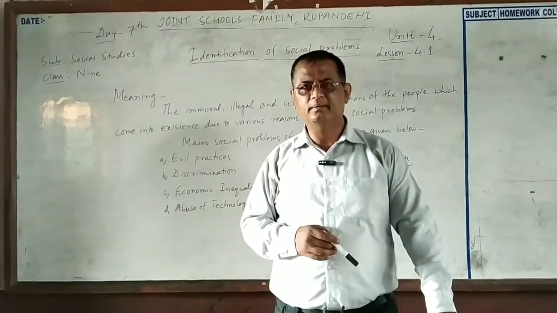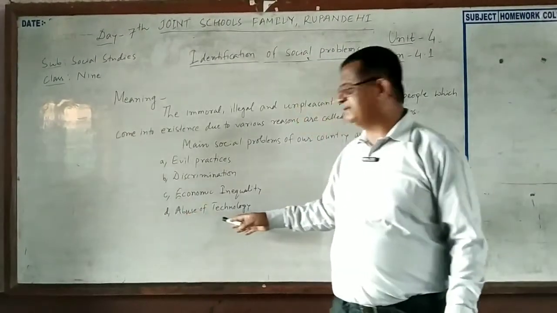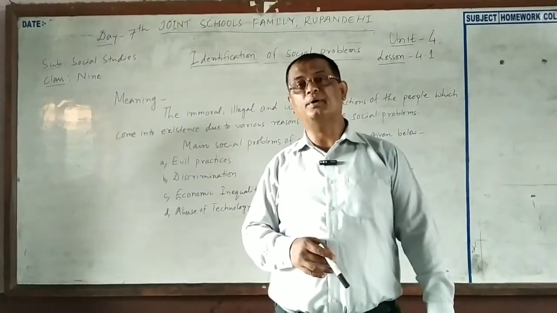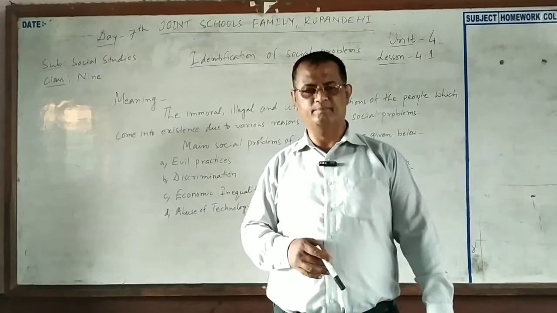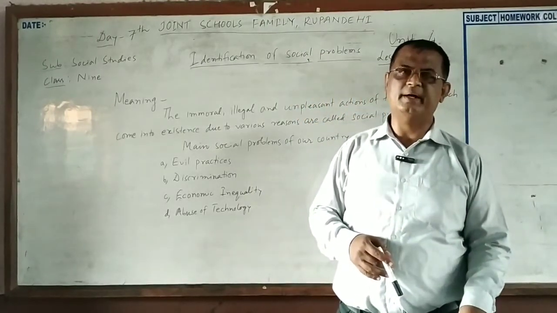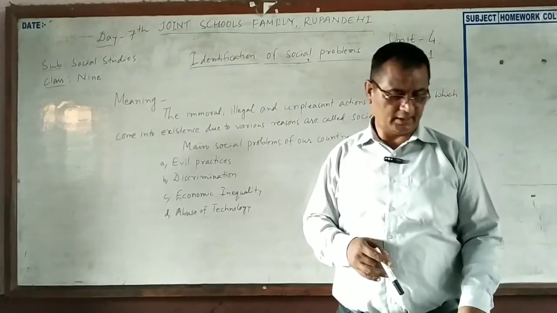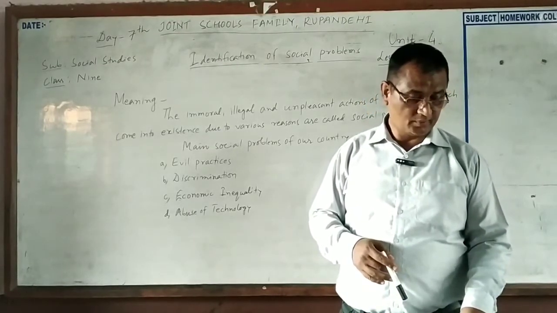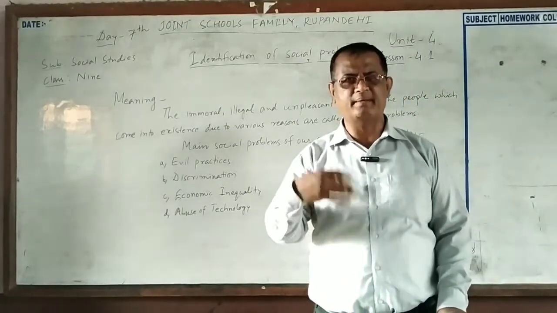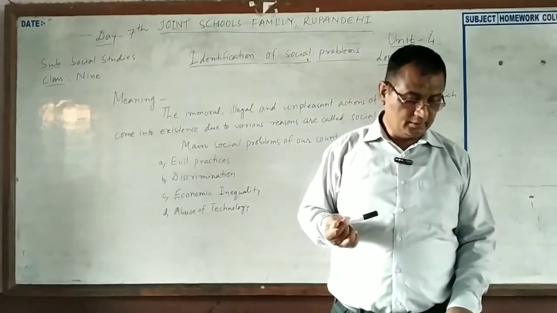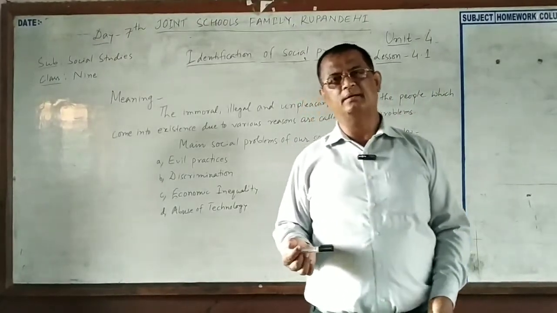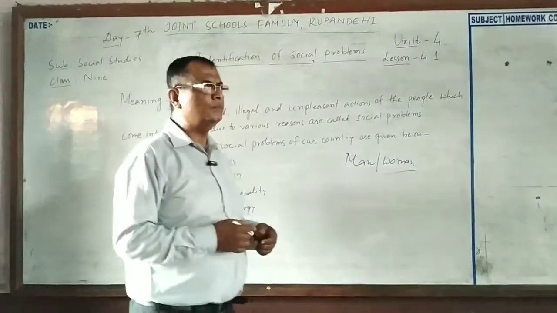But what happened? We are using this technology in a wrong way, not in the proper way. Day by day, you are hearing about cyber crime. Clear? Computer crime we can also say, cyber crime. People are doing this with the internet, Facebook, Messenger, and so many things.